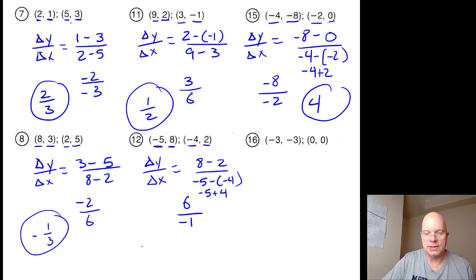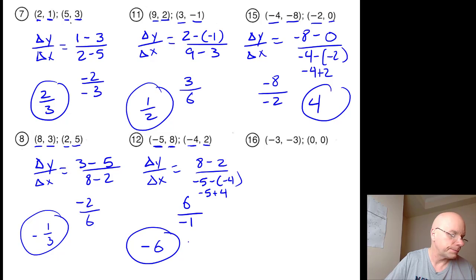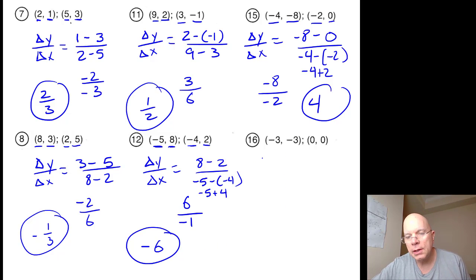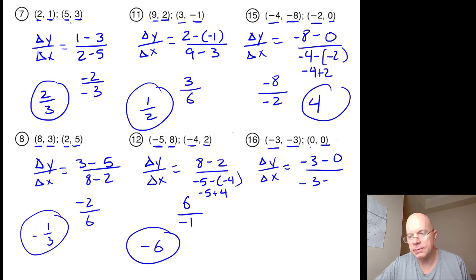Positive divided by negative is negative, and 6 divided by 1 is 6, so negative 6 for 12. 16, delta y over delta x. Negative 3 minus 0 over negative 3 minus 0. So negative 3 over negative 3 is positive 1.